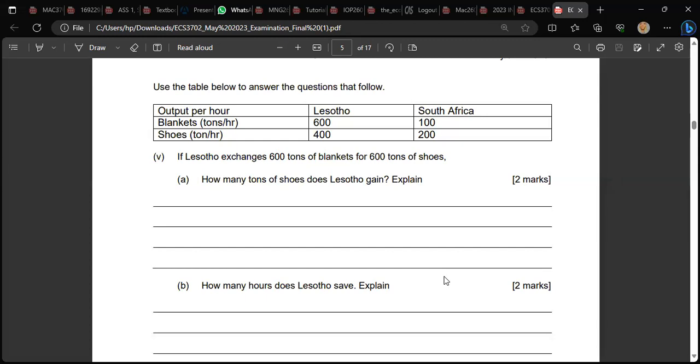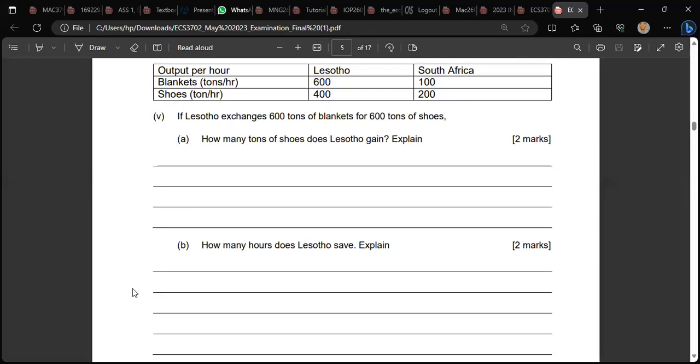So we're basically saying, what is your gain if you're going to exchange it in this ratio? So now they have gained 200 shoes. We're going to do a lot of these questions. Next time, we are going to start off here again, but on a different question paper. We'll make sure that we've got all these things covered.